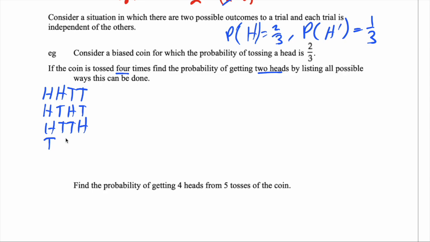Or the first one could be tails, and then you get heads, heads, tails, tails, heads, tails, heads. And then you have tails, tails, heads, heads. That's all the ones starting with tails. Is it just 6 of them? I think it's only 6. There are only 6 ways you could do it.